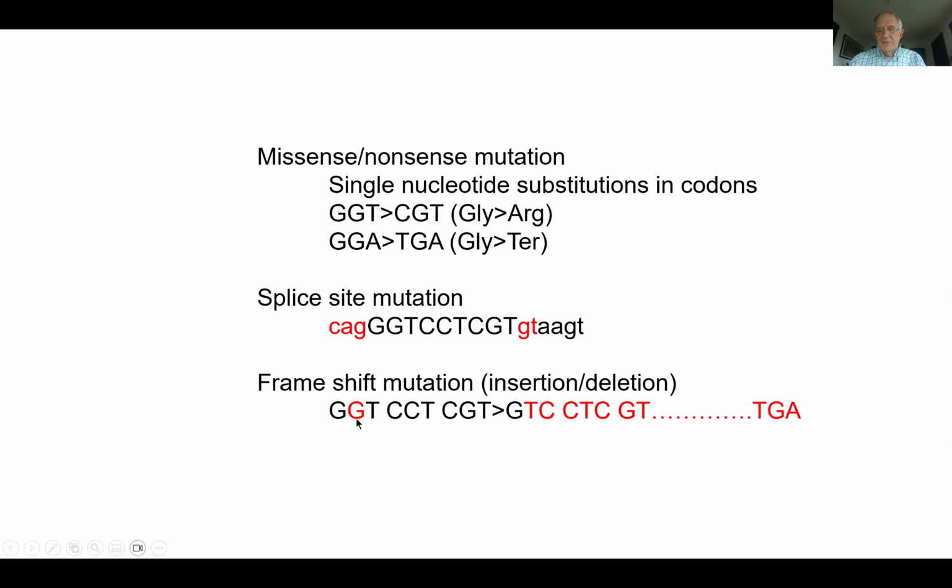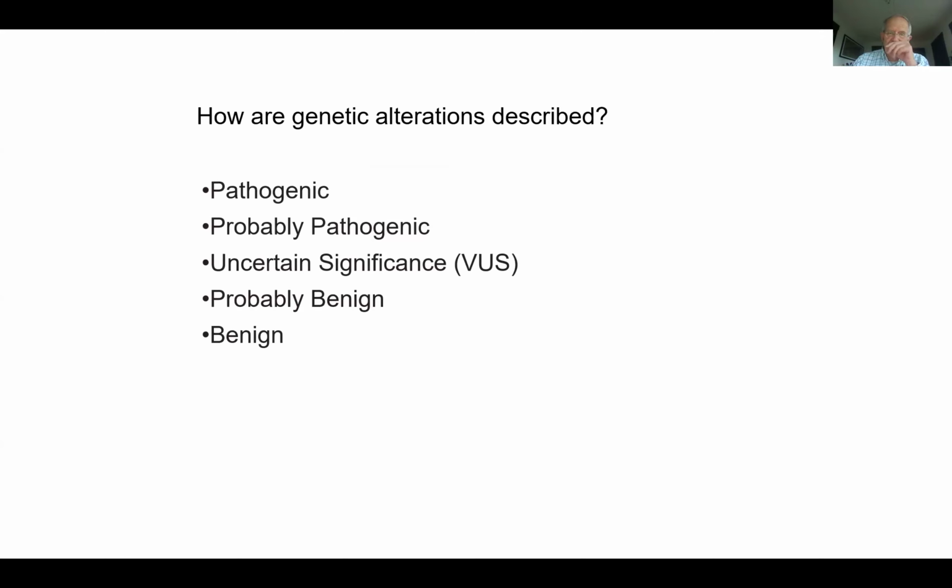That is, if you delete this G, instead of going GGT, CCT, CGT, you now go GTC, CTC. And so you have a completely different amino acid sequence. And by chance, you will encounter a stop codon downstream within 20 codons. And so that's another outcome.